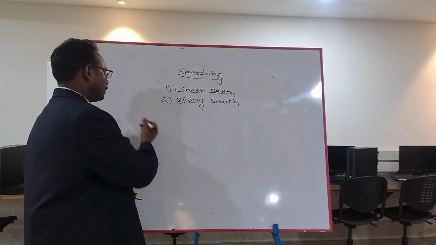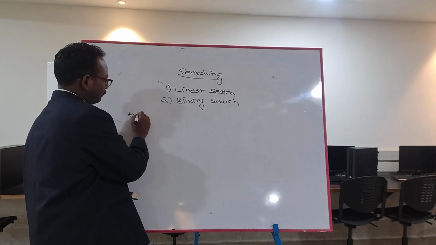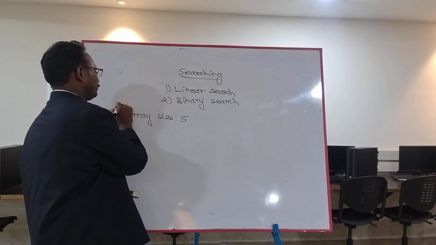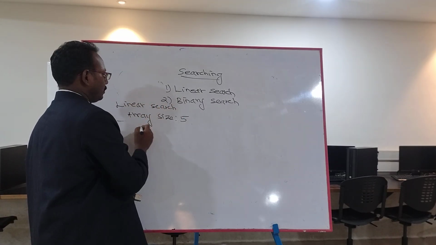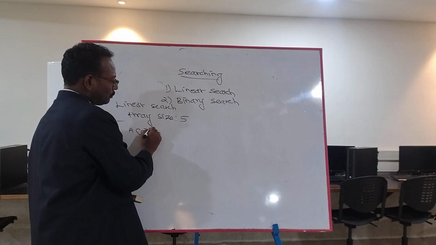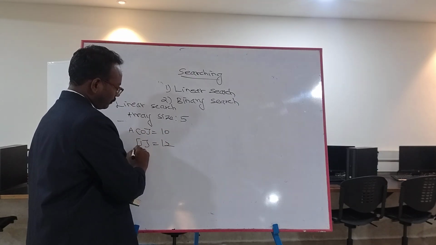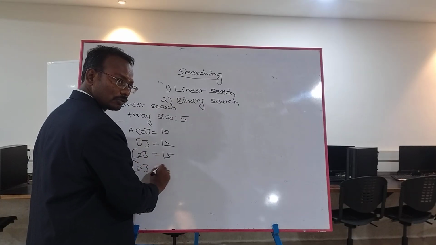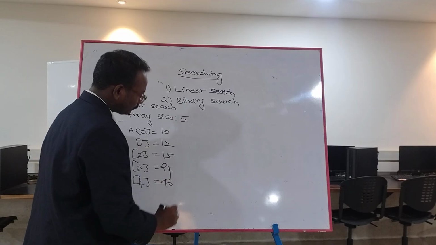For example, consider an array of size 5. Array of 0 is 10, array of 1 is 12, array of 2 is 15, array of 3 is 24, array of 4 is 46.